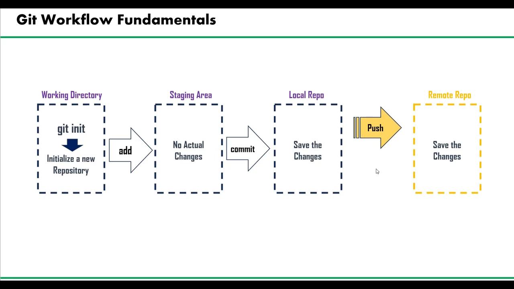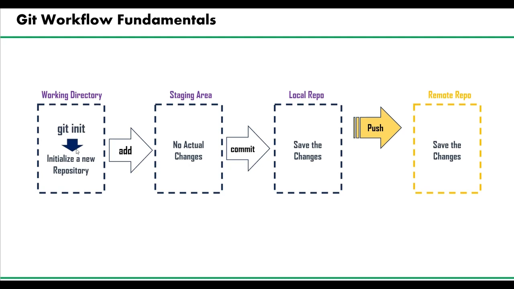So what if the process is somehow opposite? It means that what if you have some changes on your remote repository and you want to update the local repository or, let's say, the working directory?